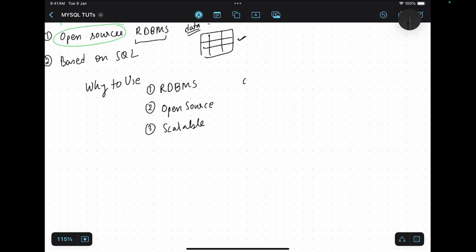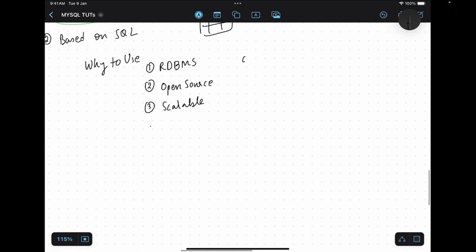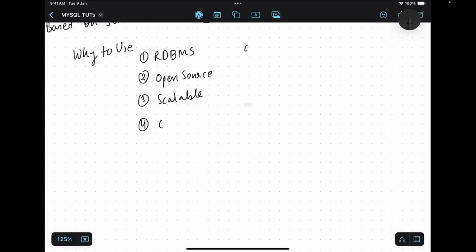For example, let's suppose your database is able to perform CRUD operations for 1,000 records. But what happens with 10,000 records? What happens if your data exponentially grows to 1 million records? Will it fail or will it effectively do those CRUD operations? CRUD means create, read, update, delete, which I explained in the previous video. So that's scalable, and definitely MySQL is scalable. Then we have cross-platform support, which is also an important part.